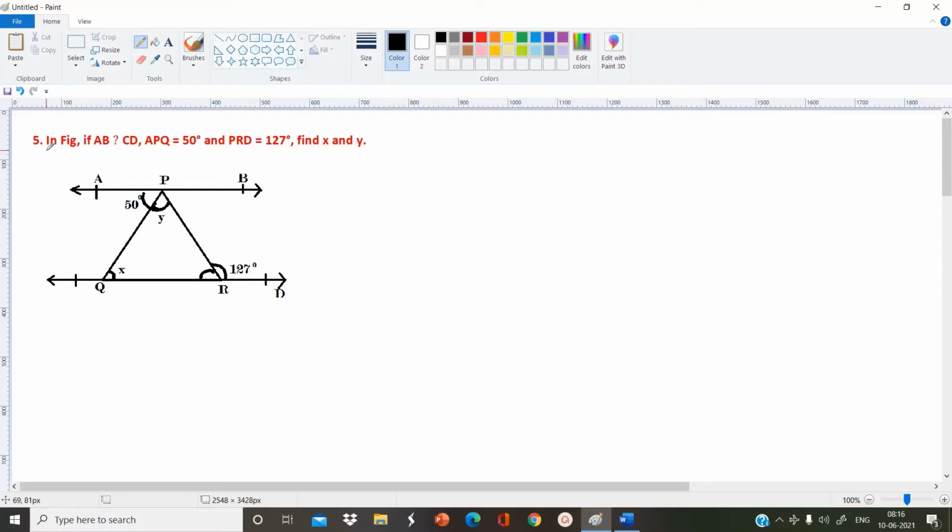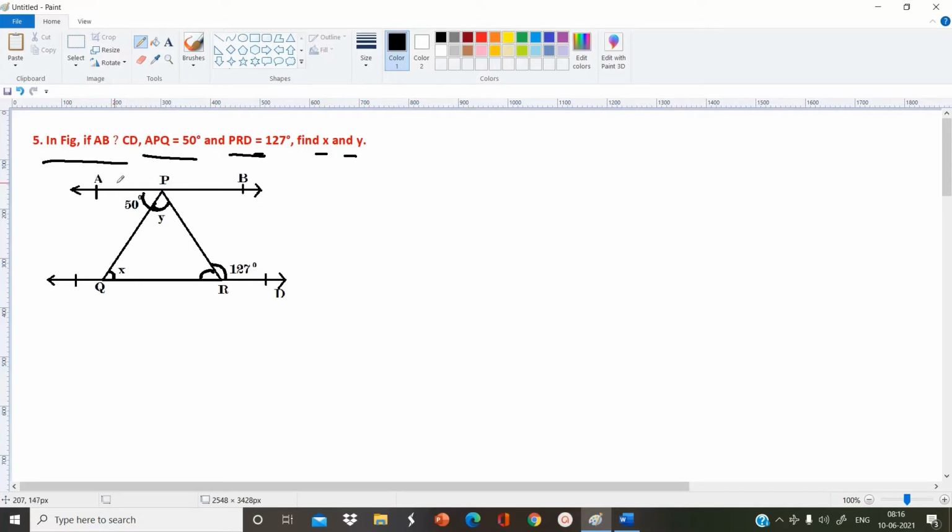In the figure, AB is parallel to CD. Angle APQ equals 50 degrees and angle PRD equals 127 degrees. Find X and Y. So here, look at the picture.